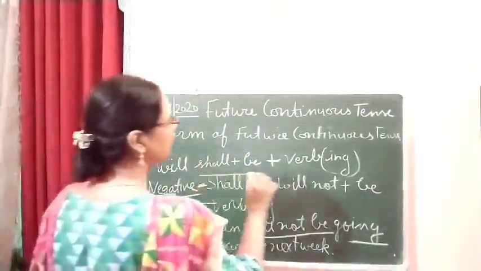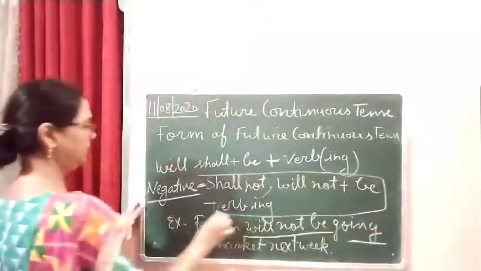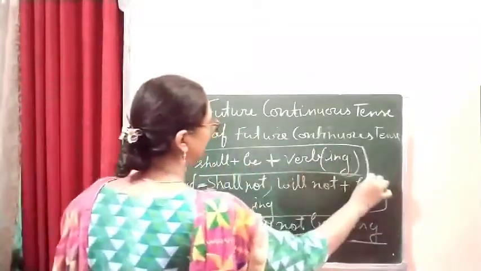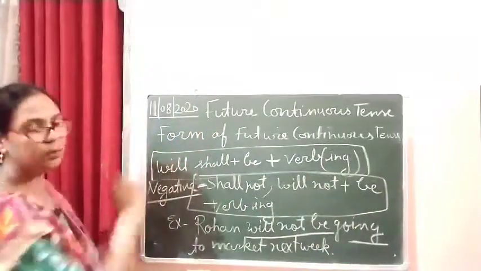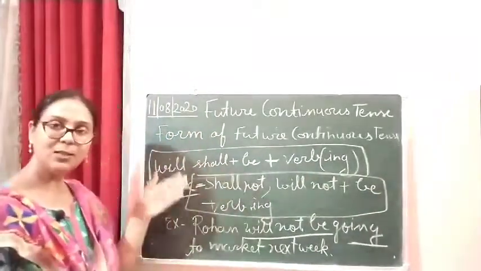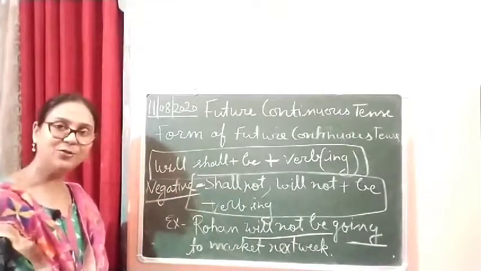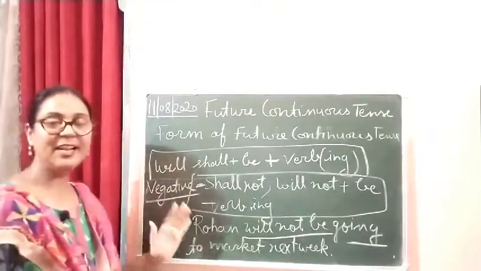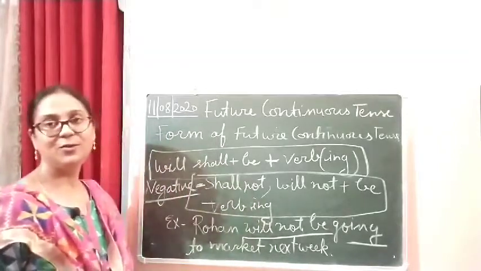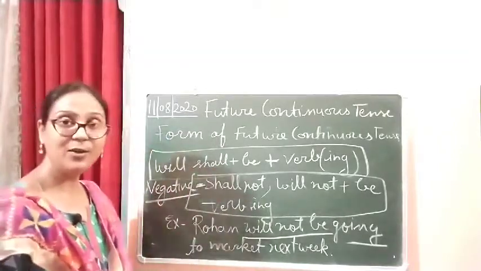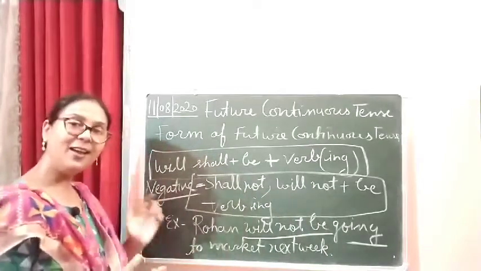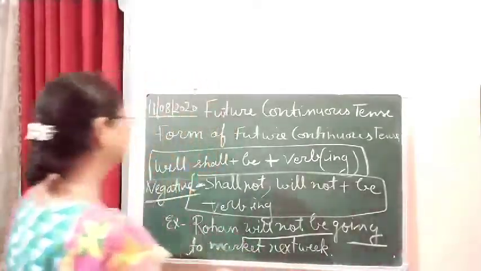So this we have to learn, because sometimes we get confused about what we are supposed to use. Now these two formulas we have to learn to make negative sentences in future continuous tense. Now we are going to learn how to make interrogative sentences in future continuous tense.